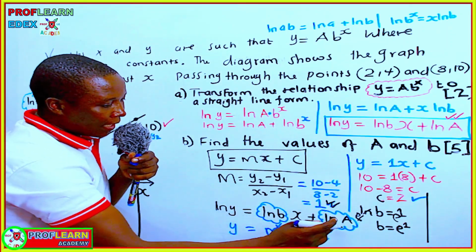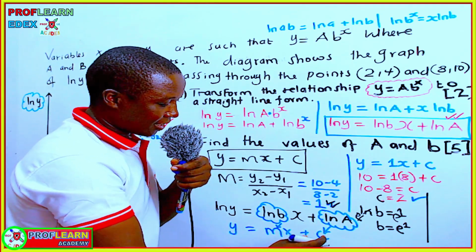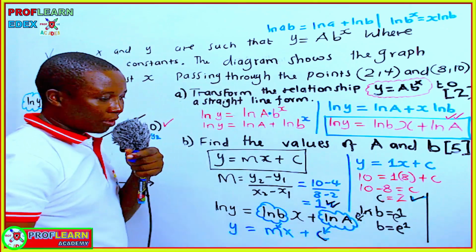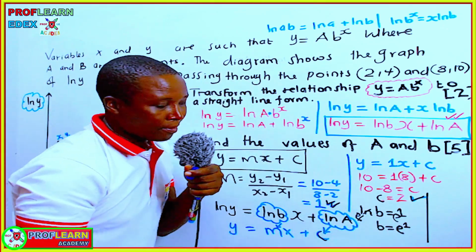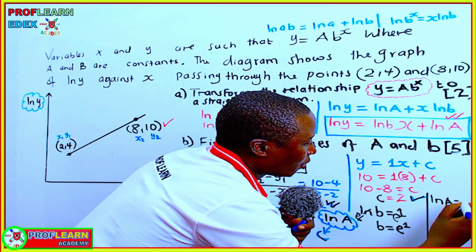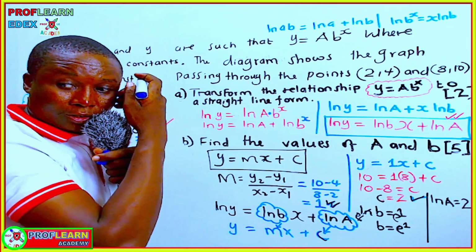And also, ln of A is equal to the y-intercept, which is c, and our c, we had gotten it at this given point, which is 2. So we say ln of A equals c, and our c is actually 2 as shown there.